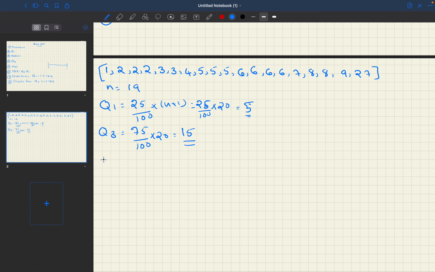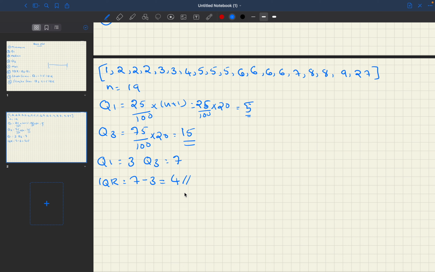So the Q1 value is 3. For Q3, we need to find the 15th index: 1, 2, 3, 4, 5, 6, 7, 8, 9, 10, 11, 12, 13, 14, 15. So it will be 7. So what will be the IQR? IQR will be 7 minus 3, which is 4. So this is our IQR.